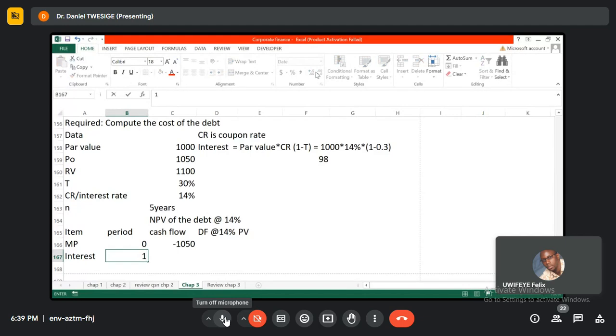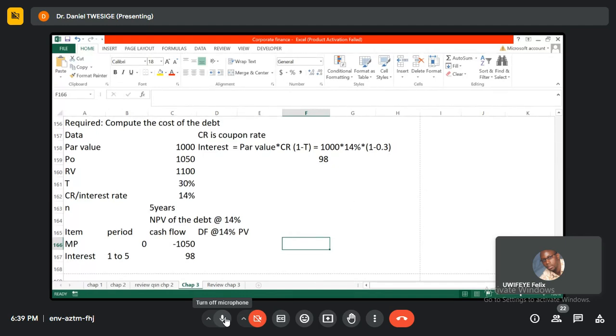It is year 1 to year 5. From year 1 to year 5, I'm going to pay an interest of 98. That's the interest you are going to have.